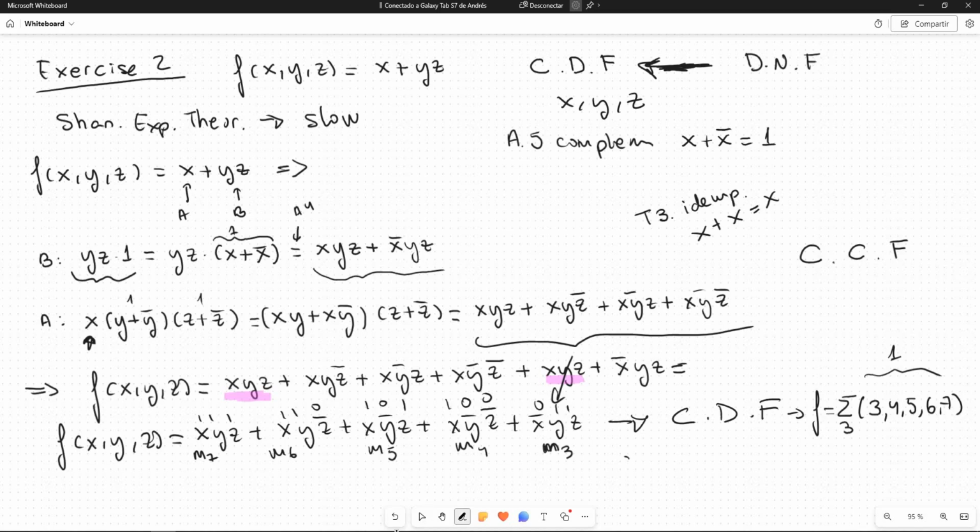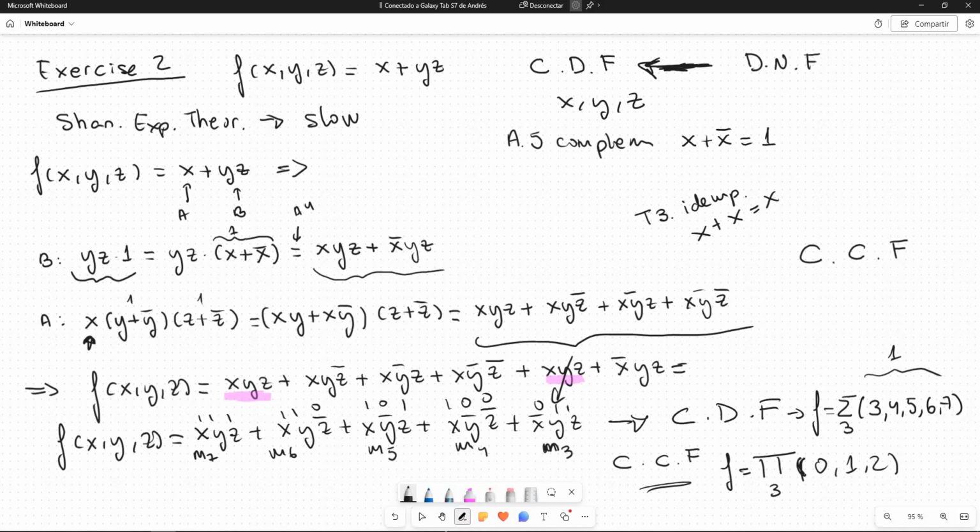So the canonical conjunctive form should be, in its compact way, the product of the 3-variable maxterms that are not present here: the 0, the 1, and the 2. So we have obtained this version in a fast way.